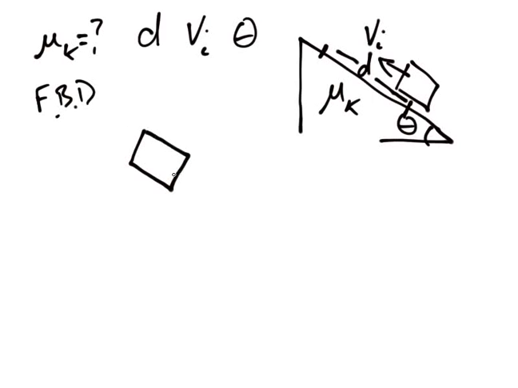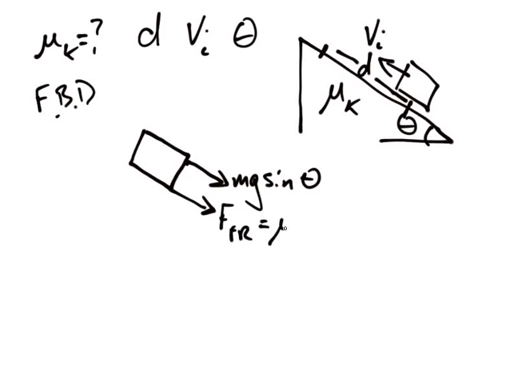mu k? Well, what we need to do in order to solve this problem is a free body diagram. So if we analyze the mass on the slope, we end up having two forces going down the slope. One of them is mg sine theta, which is gravity, and the other one is the force of friction.